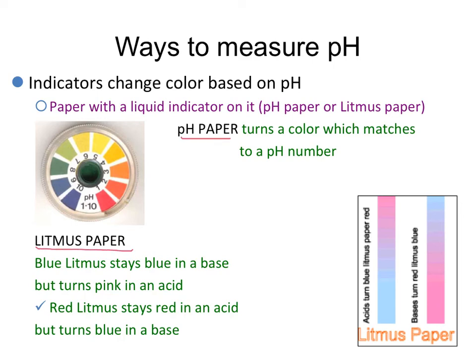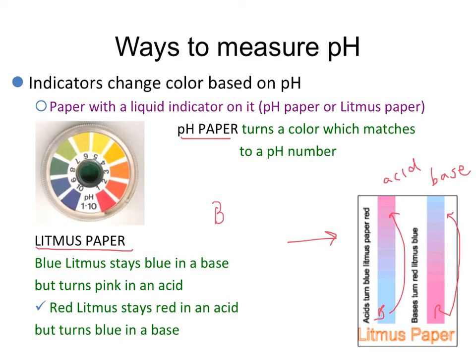So over here to the right, we have blue litmus paper and red litmus paper, and you can see that the red litmus paper is turning blue, and that usually signifies that the solution is a base. And here we see blue litmus paper turning red, and that will signal that we're looking at an acid.